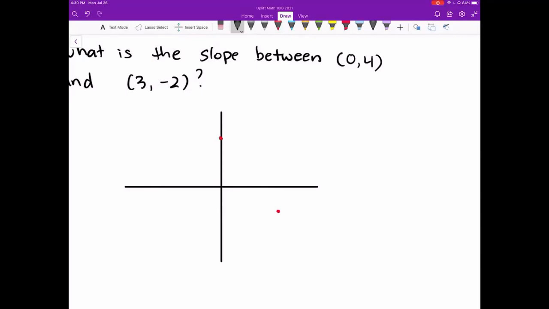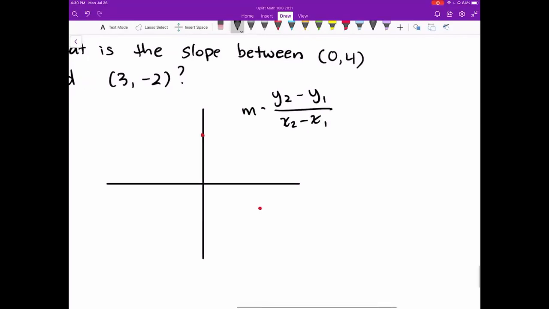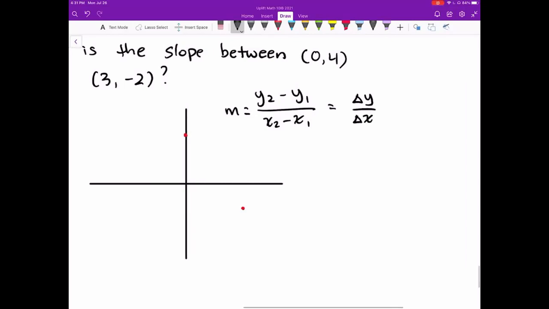So we always want to do y2 minus y1 over x2 minus x1 for the slope. Edward, you're close, but I think you did run over rise, x over y. That's incorrect.